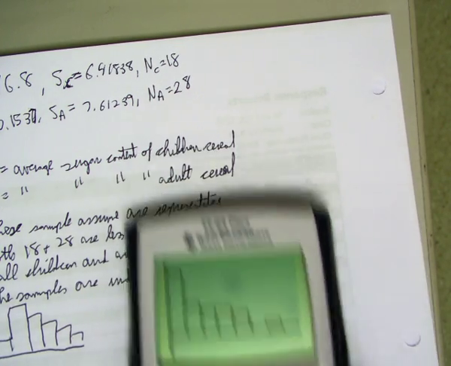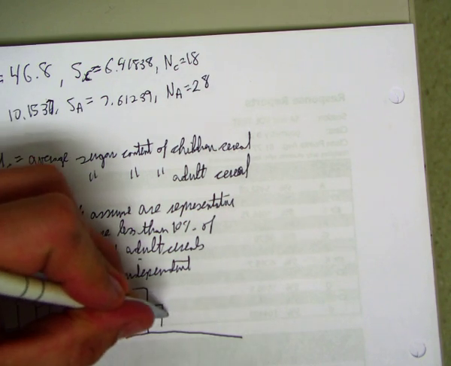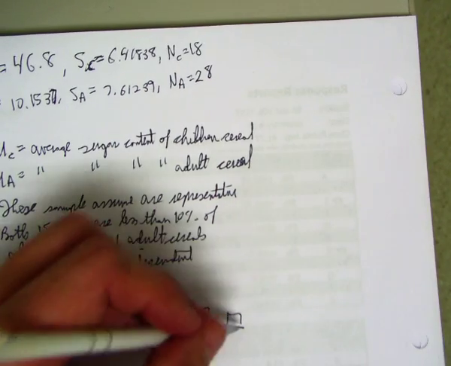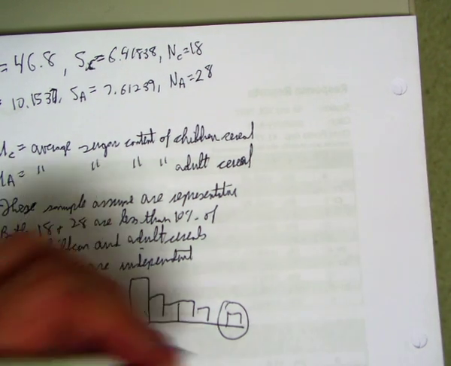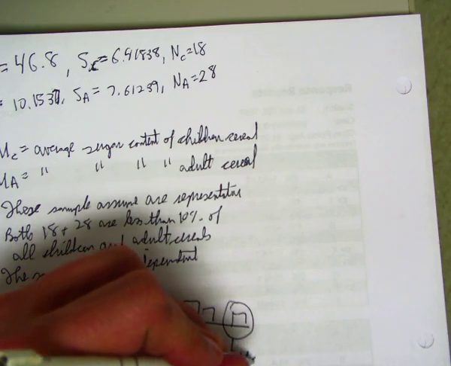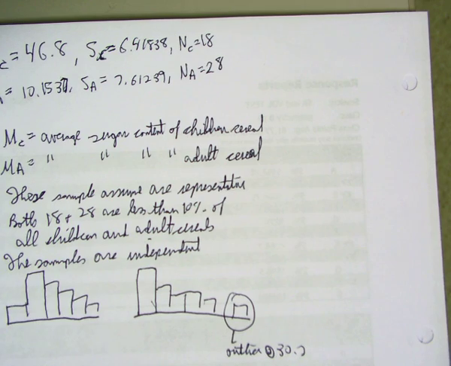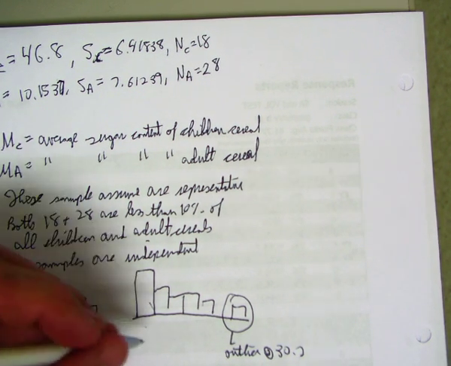Yeah, that's kind of skewed, right? So we're going to copy that down, and we're going to note this outlier at 30.2. This looks definitely skewed, so we're going to proceed with caution.